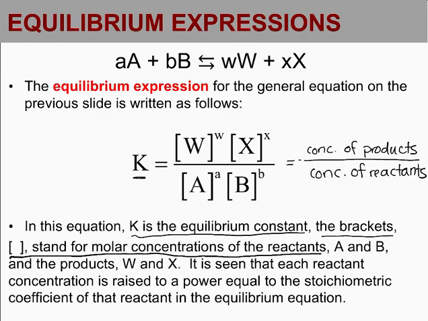So W is raised to its coefficient, lowercase w, X is raised to lowercase x, A is raised to lowercase a, and B is raised to lowercase b. So we do take into account the stoichiometric ratios, but we're using them as a power in this expression for equilibrium. Okay.